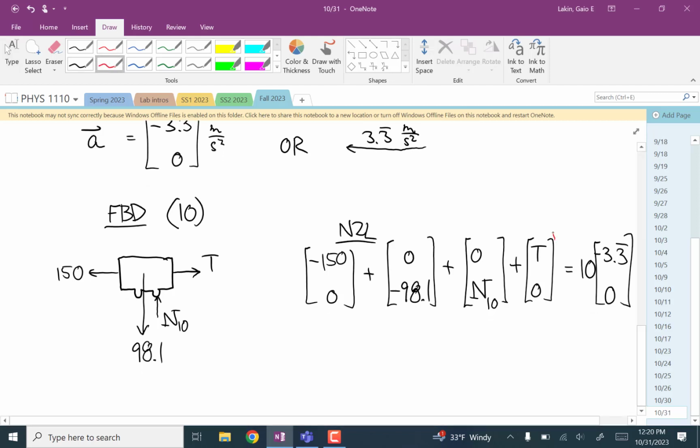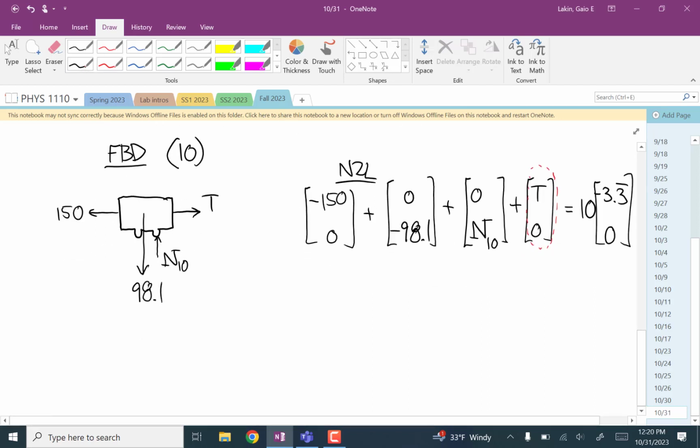Well, we're looking for this. This here is the force vector on the 10 by the cable. In order to express that force vector, we need to figure out the variable T. So I'm going to use the x equation. It says negative 150 plus T is equal to negative 33.3 repeating.